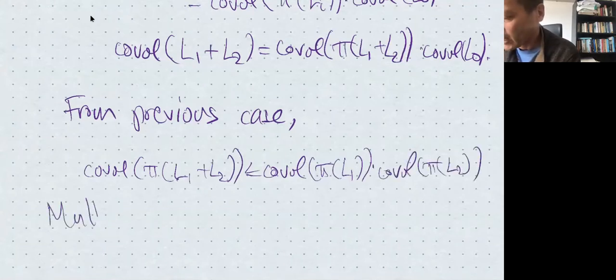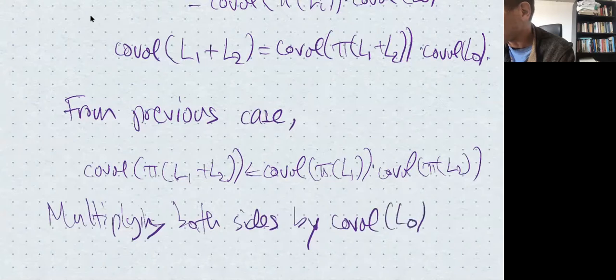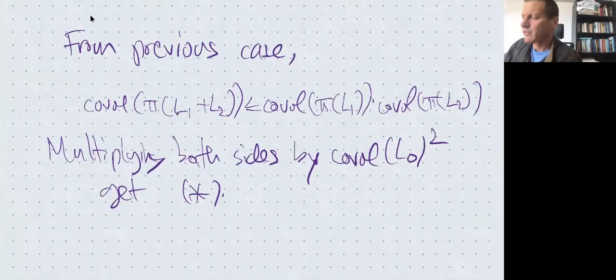And now multiplying both sides by the covolume of L0 squared, we get the result. So I'm sorry this was kind of fast, but I didn't want to spend time on it next time. I'll distribute the notes with some extra information, and you'll see the complete proof.